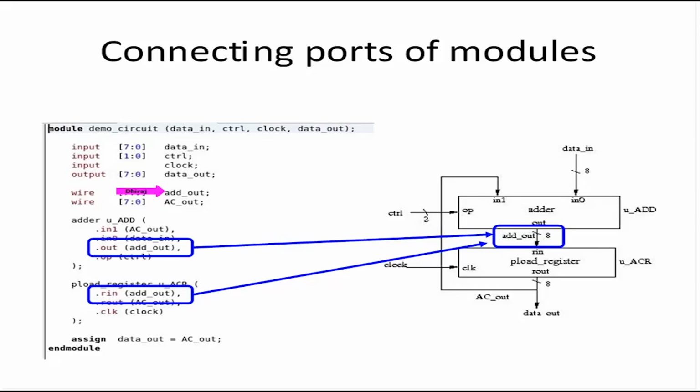Any undefined wire is assumed to be single bit, and then it will keep the LSB and make all the other bits 0, which you do not want. You want the complete connection, so it is very good practice to declare all wires irrespective of how many bits they have.